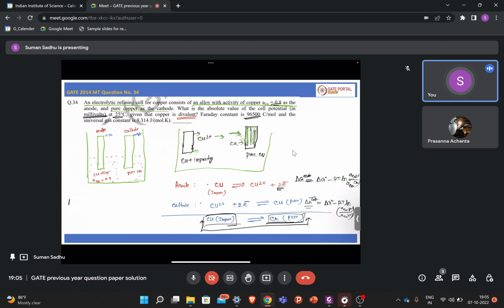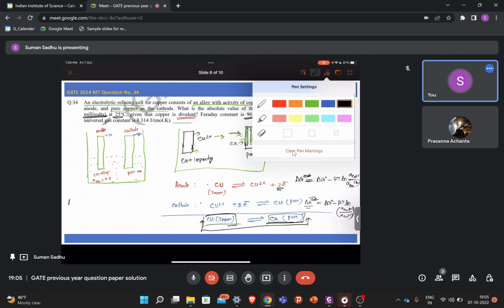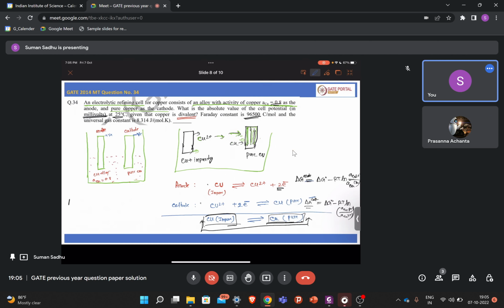So it will be 2.86 millivolts. The correct answer is 2.86 millivolts. Now you understand? Yes, sir. It's clear.